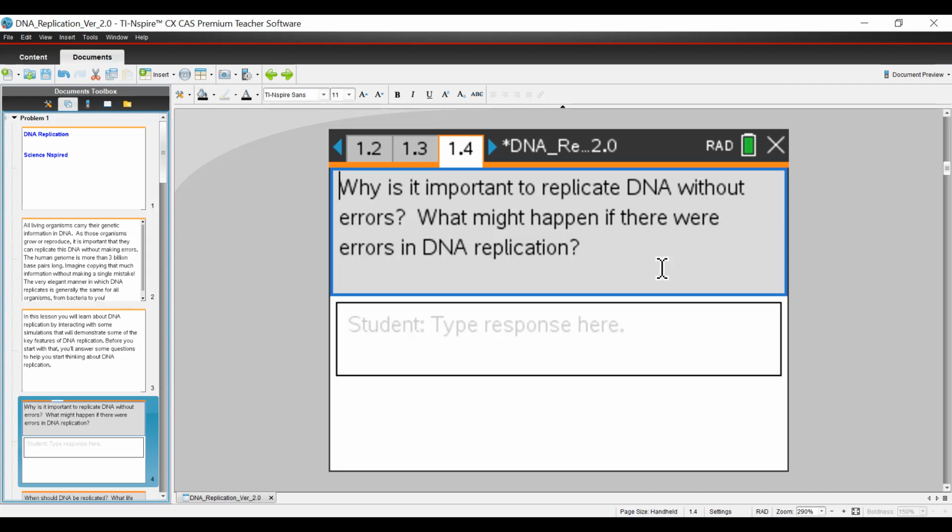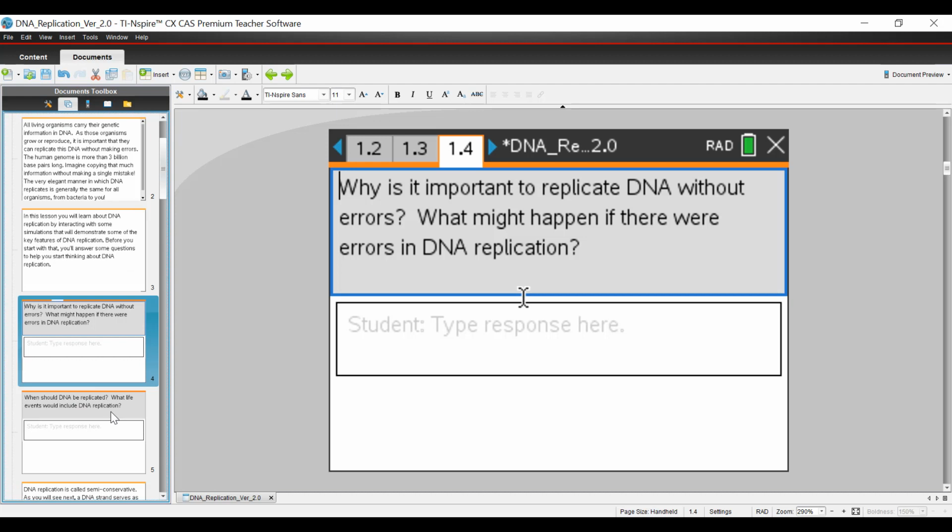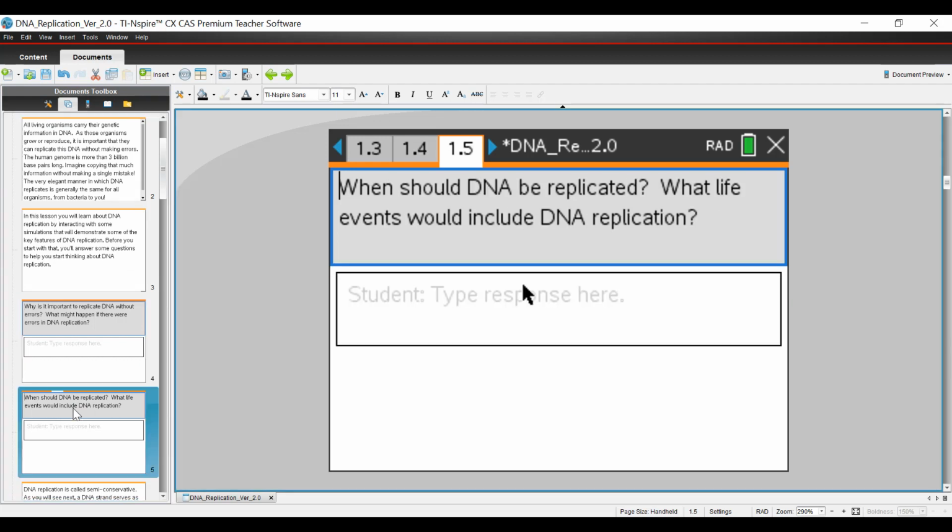And so in order for us to get the message from DNA to the rest of your body to create proteins, which are foundational in all living organisms, any mistakes in DNA are going to end up being mistakes in those proteins, and that can lead to a bunch of medical problems, and unfortunately sometimes death. So replicating DNA correctly is very important.